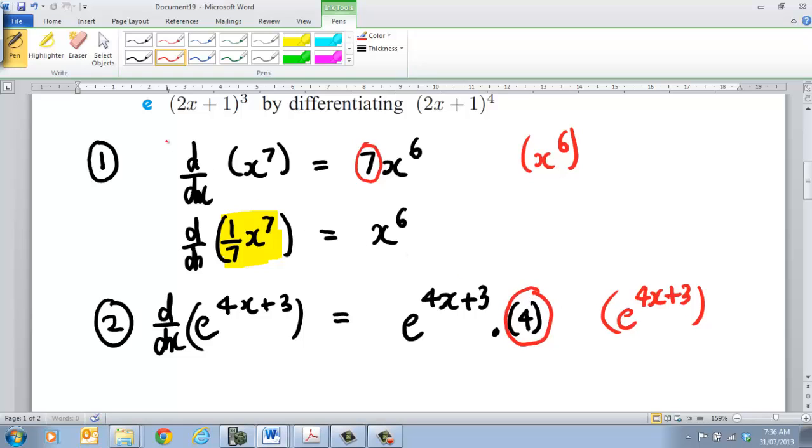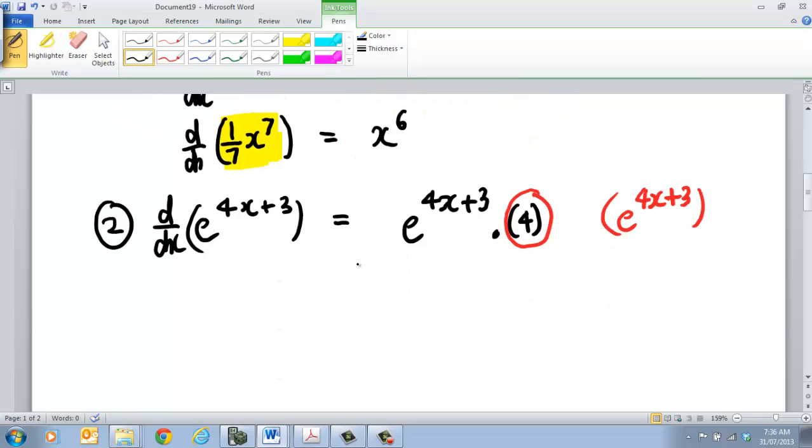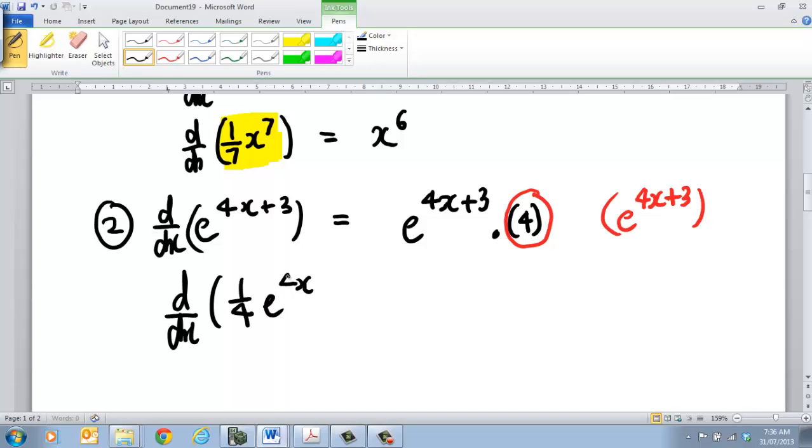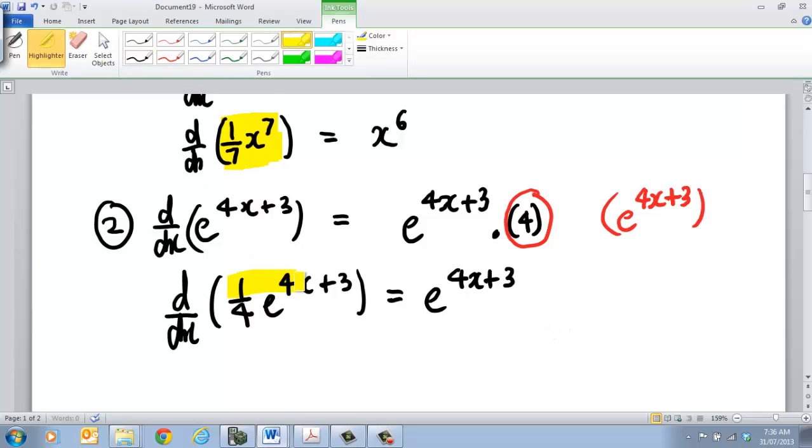So the easiest way to do that would be to divide both sides by 4. So then that would become d dx of 1 on 4 e to the 4x plus 3 is equal to e to the 4x plus 3. So there's the antiderivative over here of that particular function.